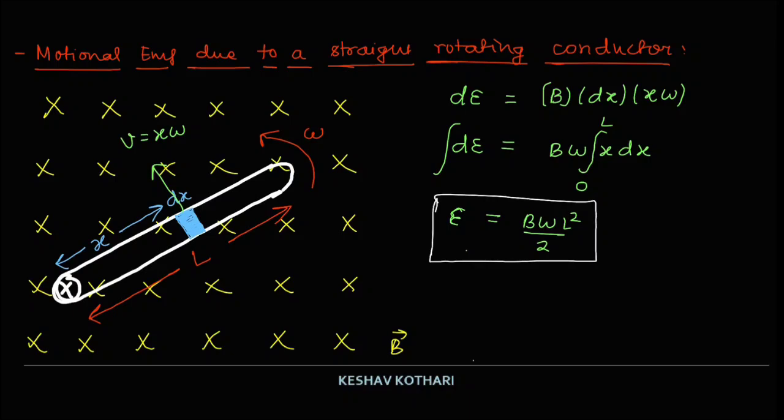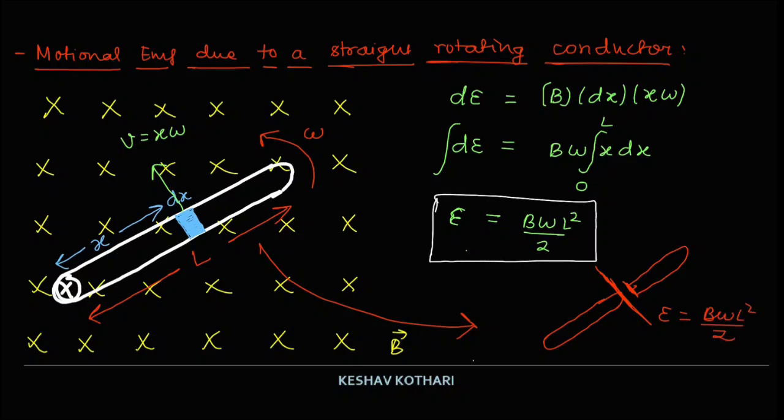And for finding an equivalent circuit, I can redraw this rotating rod in this way, that this end will become a positive terminal and the outer terminal will become a negative end. So this will behave like a positive terminal and this will behave like a negative terminal, and the value of EMF is equal to B omega L square by 2, and it is rotating with omega.